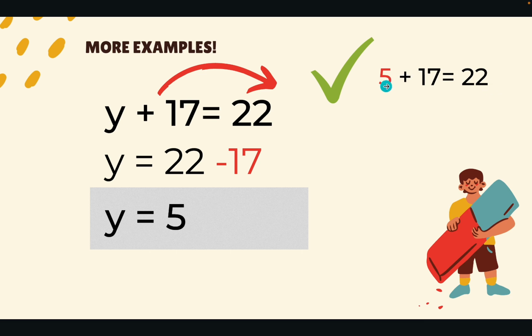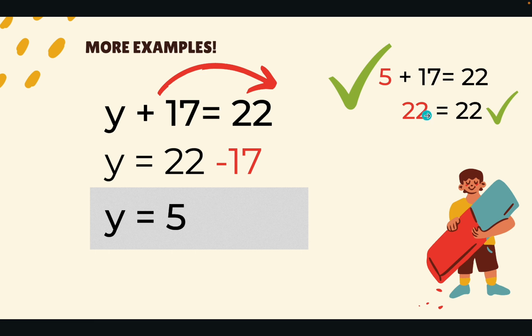Let us solve for 5 plus 17, that is 22. If you get an equal number, that means that your answer is correct.